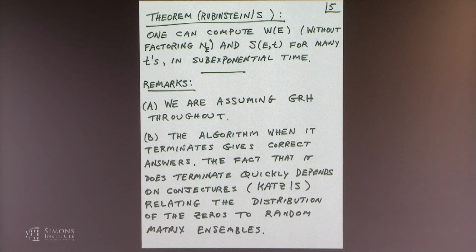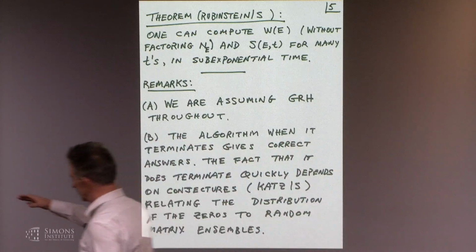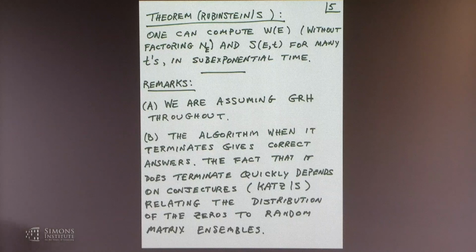So I'm assuming conjectures of Katz and myself, which tell you about the distributions of zeros of L functions as you vary in this kind of range, or as you vary over families and its connection to random matrix theory. But those conjectures are only used in convincing me and you that the algorithm terminates quickly. When it feeds out an answer that the root number is 1 or minus 1, the answer is correct. It's the running time that depends on these conjectures.